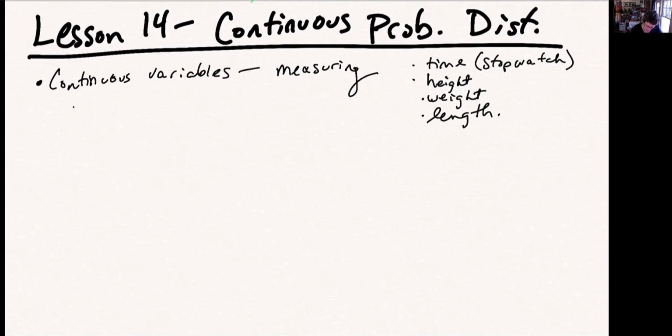Another thing that's really interesting is that when we're talking about the probability of x less than or equal to 15, the probability is actually equal to that of strictly less than 15. And that's kind of weird, okay? But the reason is, remember, just between 15 and 16, there's an infinite number of numbers.